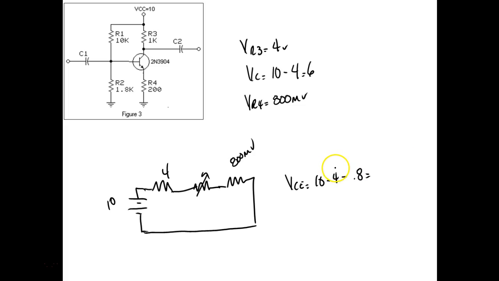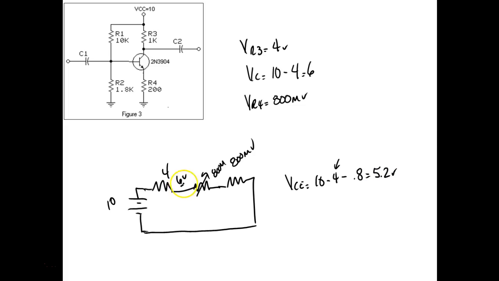So a while ago, somehow I stuck 6 in here and not 4. We know we have 6 volts right here, and we know we have 800 millivolts right there. So what would we get if we subtracted it out using Kirchhoff's law? Should get 5.2, right? So 5.2 is the right answer.